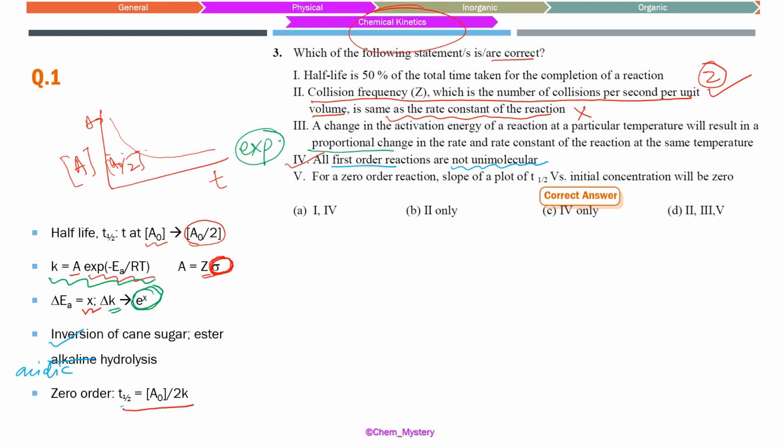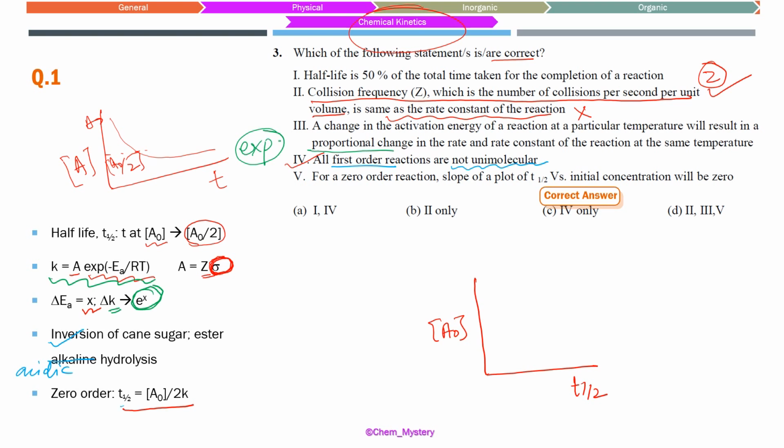If you are plotting T half versus initial concentration A naught, this is going to have some slope, which is going to be 1 divided by 2K.